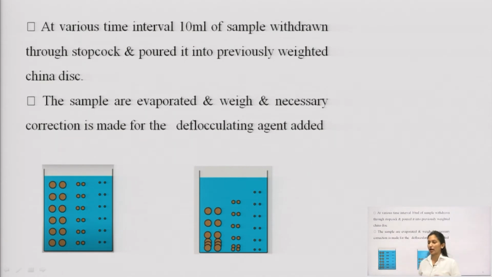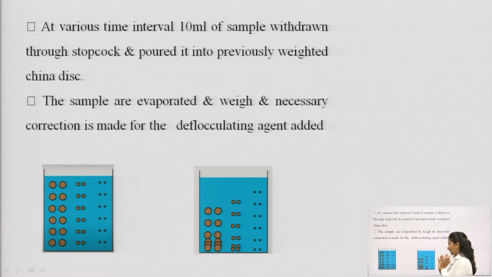At various time intervals, 10 ml of sample is withdrawn, the pipette of that Anderson pipette being of 10 ml capacity, through a stopcock and poured into a previously weighed china dish. The samples are evaporated and weighed accurately, and the necessary correction is made to subtract the amount of the deflocculating agent which we added during the preparation of the dispersion.